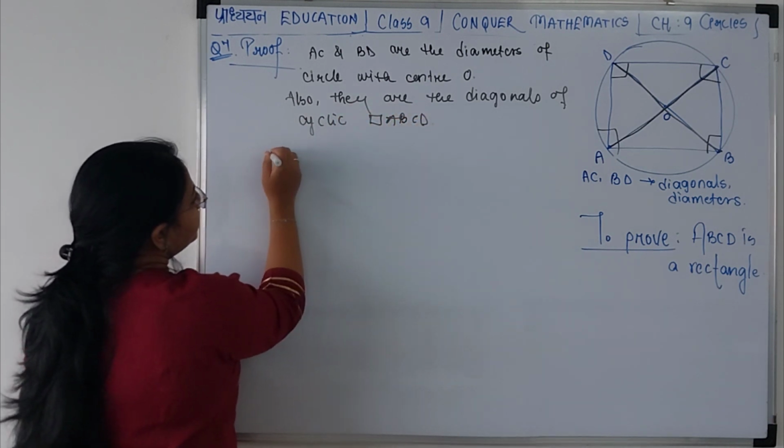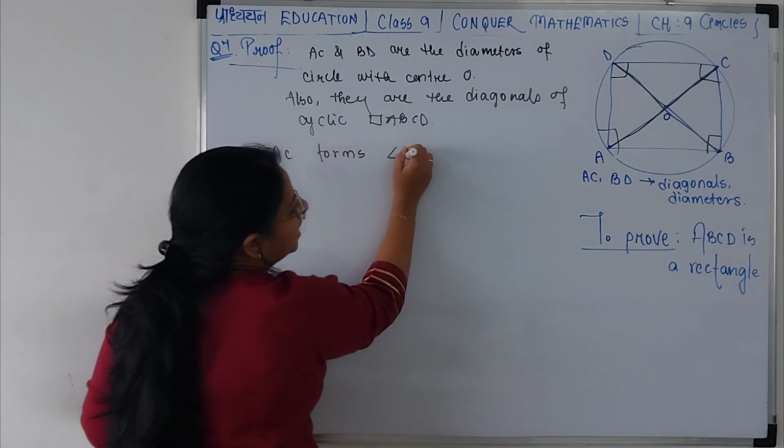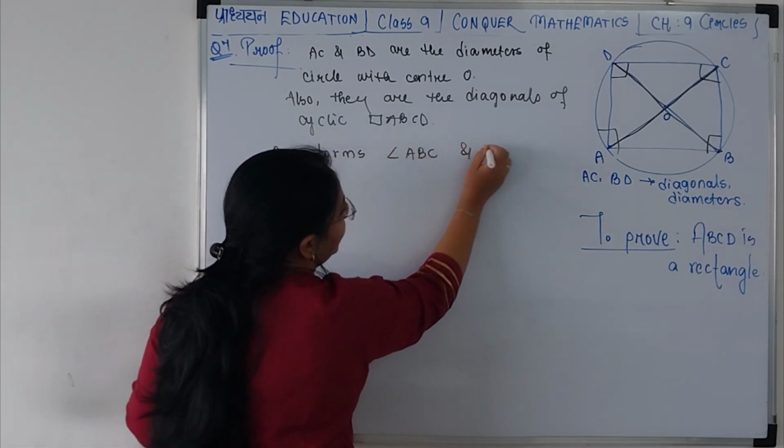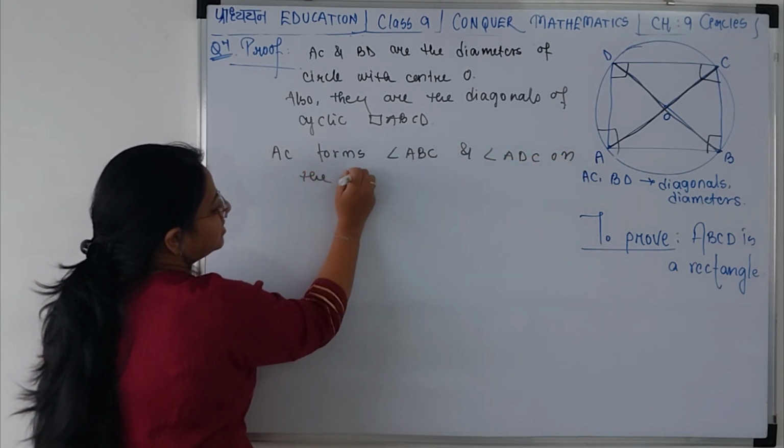Now we will say that AC forms angle ABC and angle ADC on the semicircles.